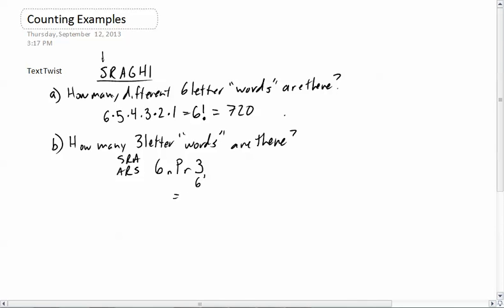You can go 6 factorial over 6 minus 3 factorial, right? Because it was n factorial over n minus r factorial. Or you can even say, well, for the first letter, there's 6 possibilities. The second letter, there's only 5. And the third letter, there's only 4.